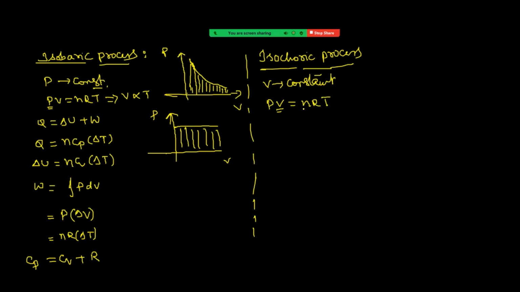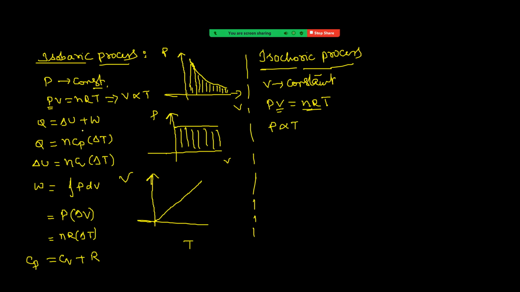Since volume constant, n is a constant, R is a constant, therefore P proportional to T. Means if we are given graph, that is pressure versus temperature, if it is passing through origin, that indicates it is isochoric. You can see here plotting a graph for volume and temperature. Let us take volume versus temperature. Graph is passing through origin, and you can see slope is giving us.